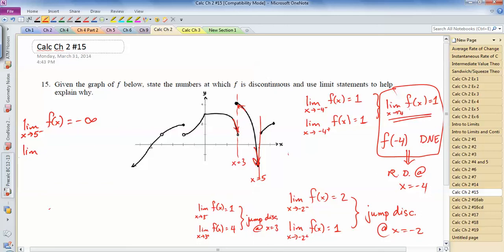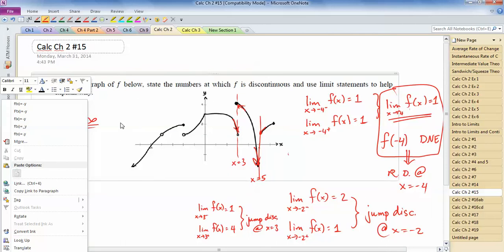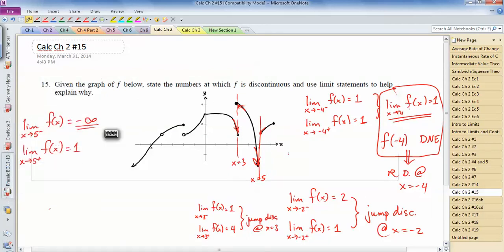And the limit as x goes to 5 from the right side is actually a finite value right here at 1. Well, anytime you have a negative or positive infinity, this wins. So we would say we have an infinite discontinuity at x equals 5.